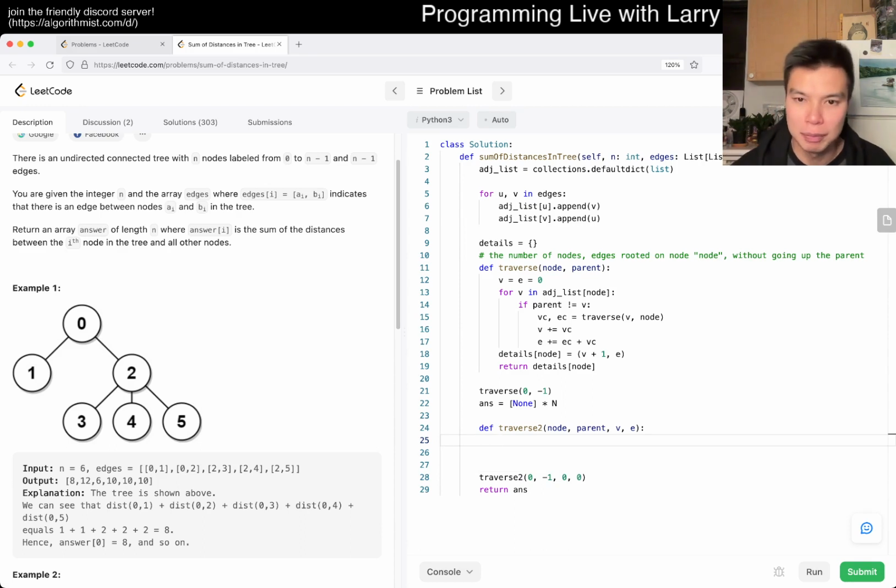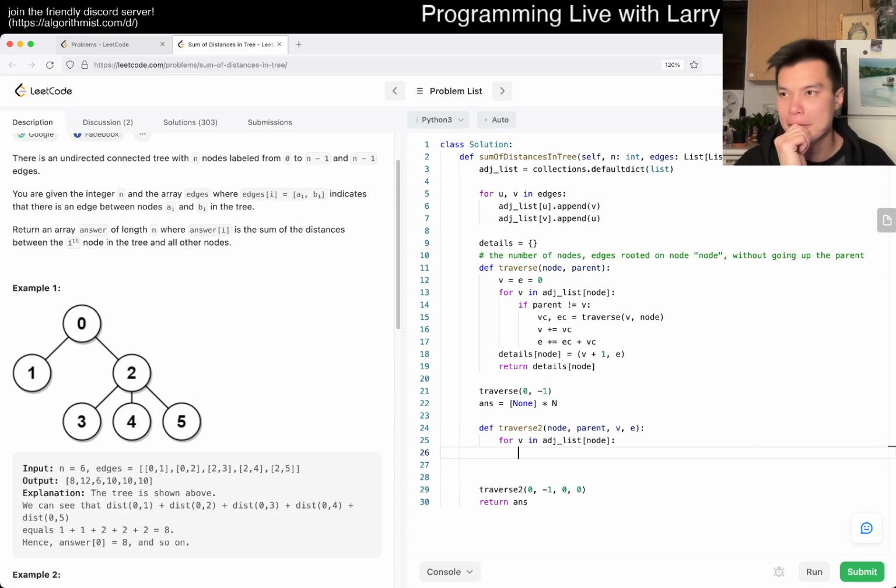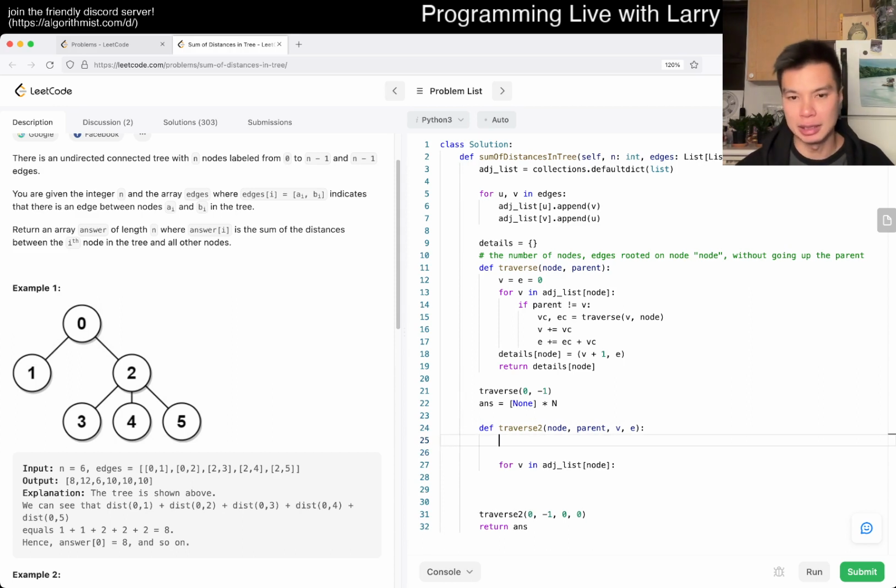Okay, so basically now we have for v an adjacency list node, right? Let's just call this v other and y other, or from parent, maybe you want to say it that way.